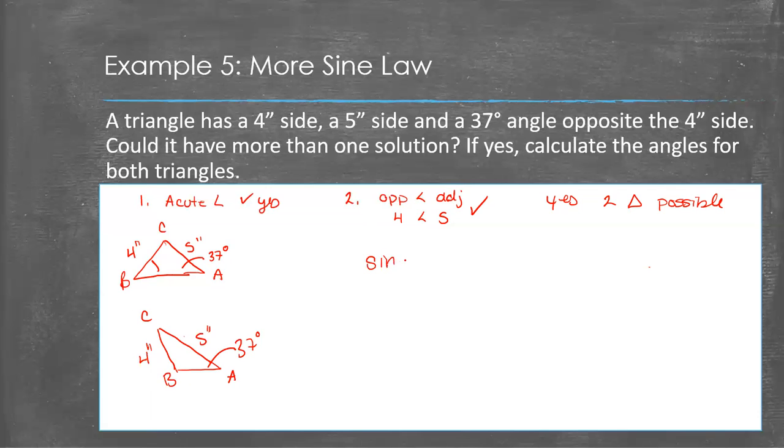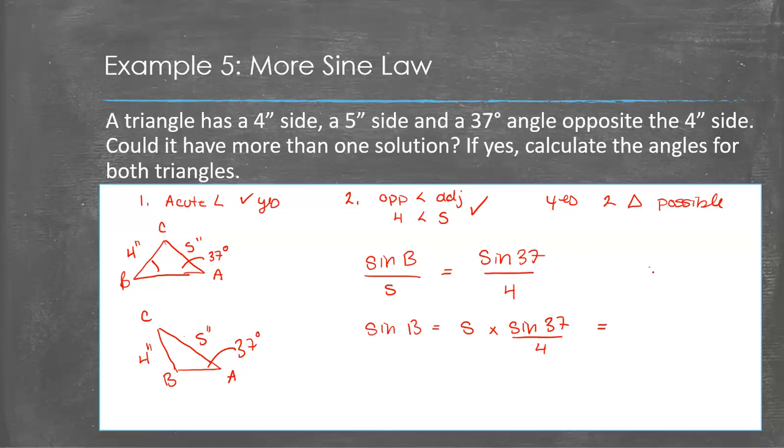So the sine of B divided by 5, because it's opposite of B, is equal to the sine of 37 divided by 4. Easy ratio. Rearranging it, sine of B is equal to 5 times the sine of 37 over 4.